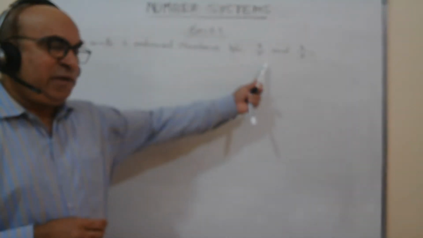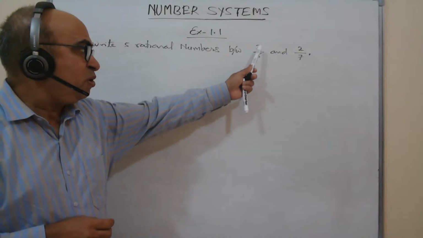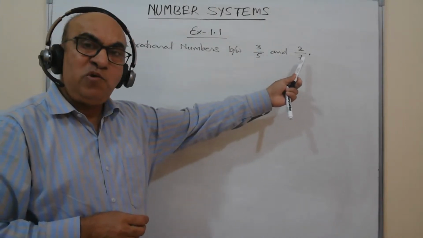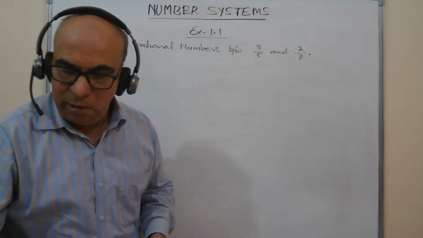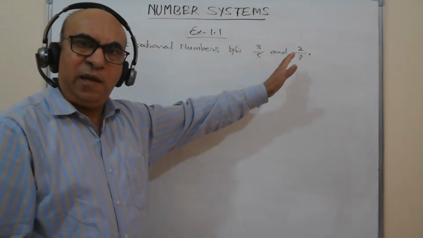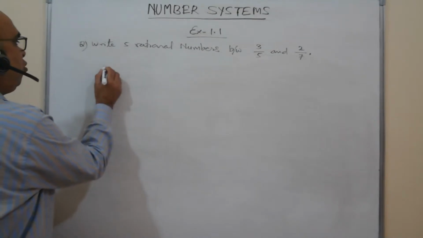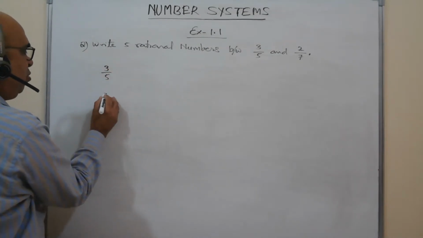If you want to write in decimal form, you divide, get their decimal values, and you can write the numbers. But whenever fractions are there, we prefer fractions. So now what we do, 3 by 5 and 2 by 7.